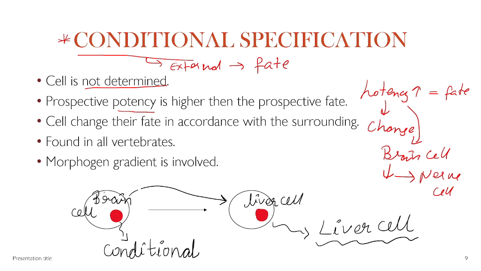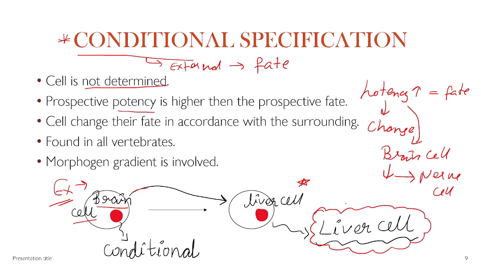So what will happen? Again, an example. If we take a brain cell and we put that cell into a liver environment, then it will change. Earlier it was conditioned to become a brain cell, but now if we put it into a different environment, then it will change its prospective fate and become a liver cell.